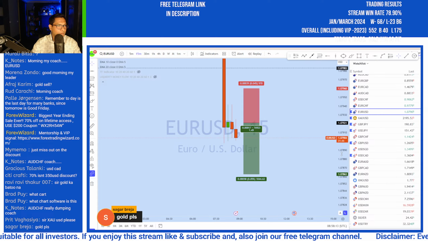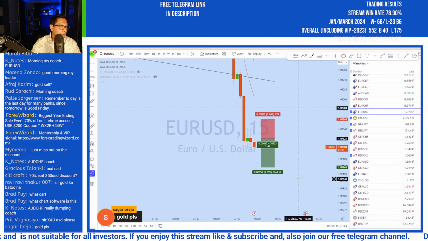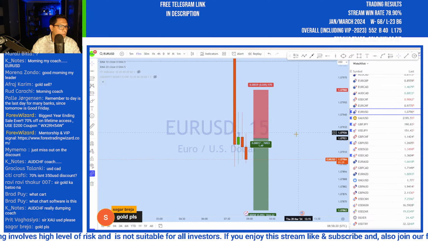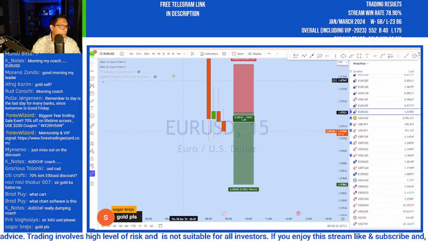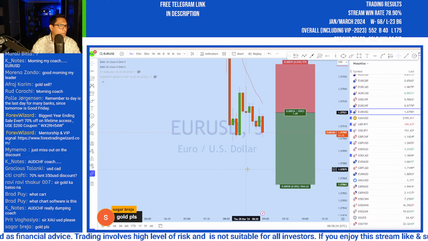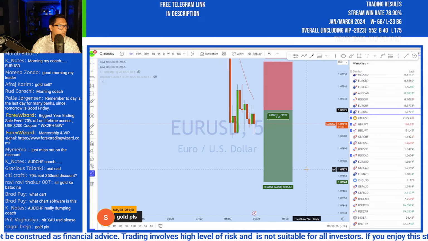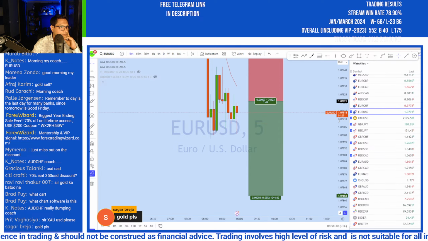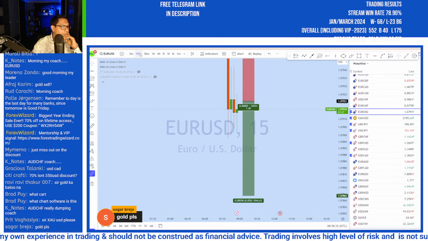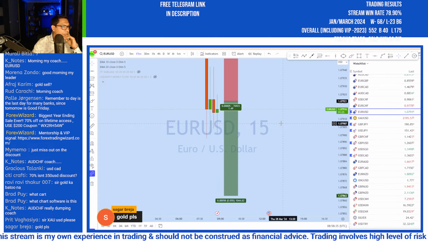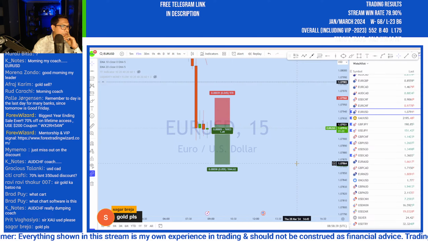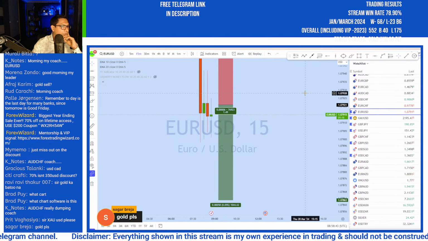Need to hold it a bit more time. Come on, it's getting kind of rejection. So before the candle close, having some rejection from the bottom.